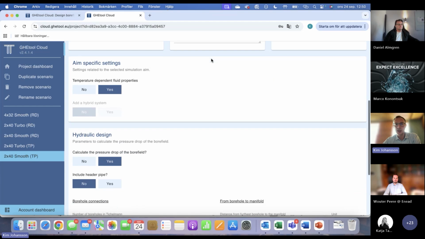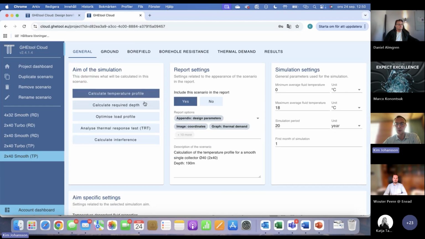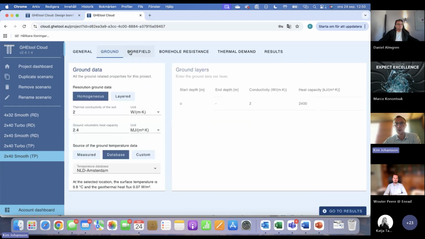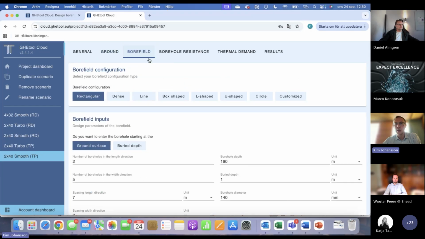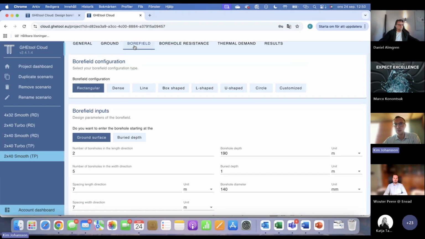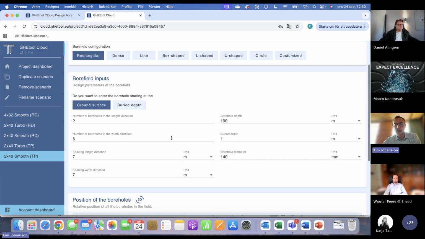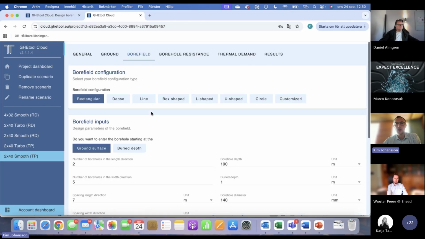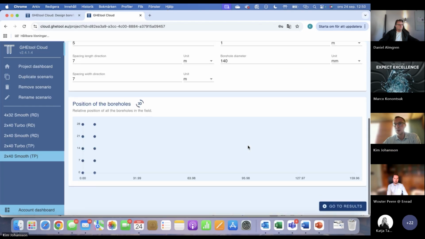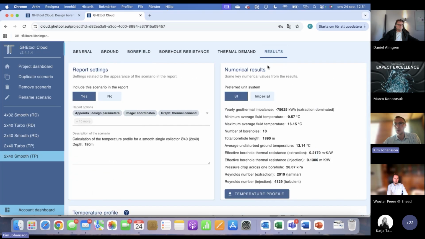The only difference is now that we are not allowing the system to calculate the required depth. We need to put in a value for it. So here on the borehole field, we ask the system that it should drill each borehole 190 meters. After that, we could ask the software to run the simulation, and we got these results again.